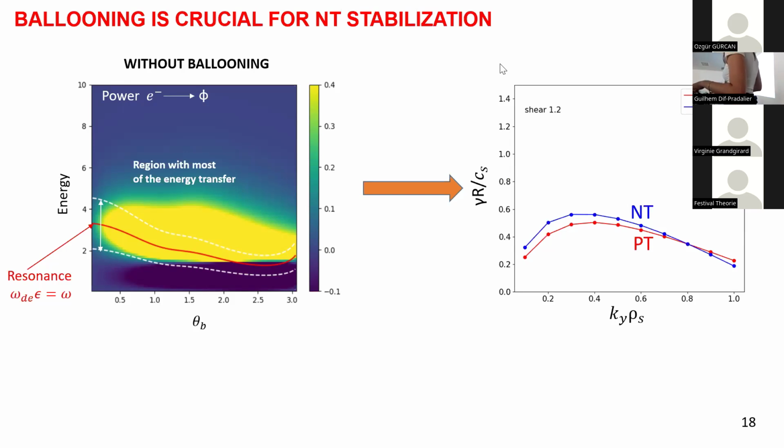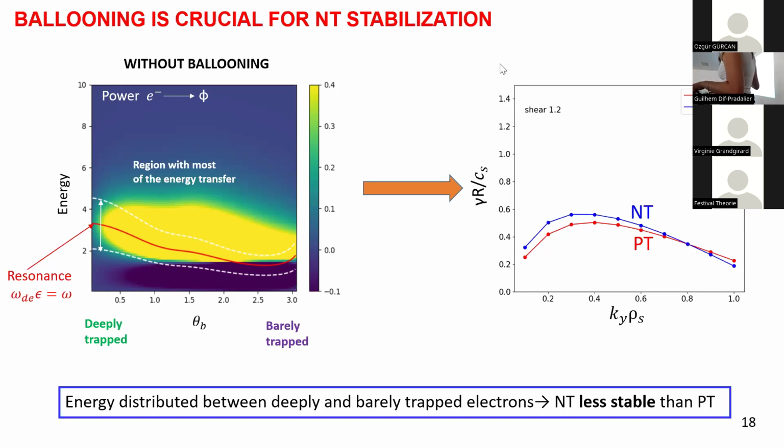This was not expected. What this means is that if the energy is distributed between deeply and barely trapped electrons, negative triangularity will be less stable than positive triangularity.